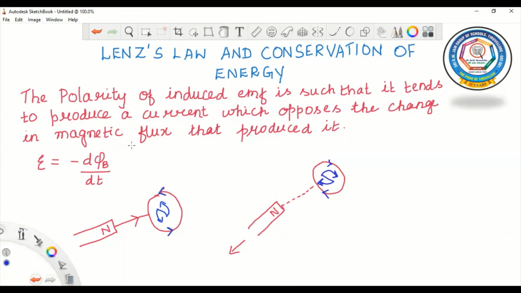That is, the direction of the induced current always opposes the change in magnetic flux that produced it. Hope all of you understood this Lenz's law, and we can say very well that Lenz's law is in accordance with conservation of energy. Thank you, students.